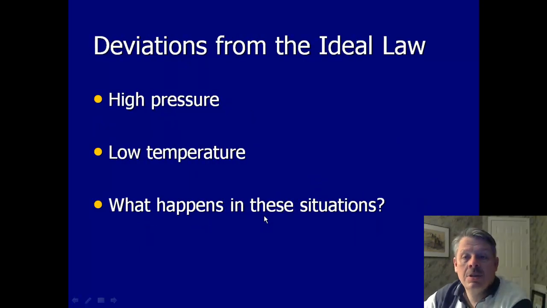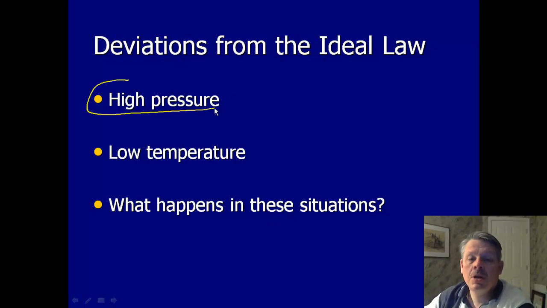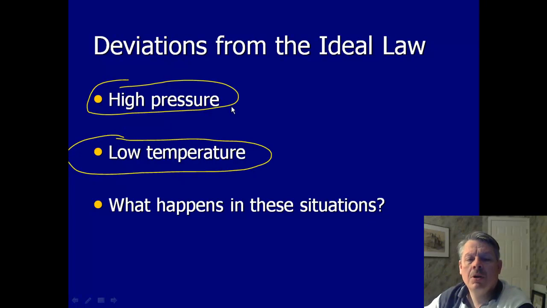So when does the ideal law not apply? Well, you have a couple of situations. You can be under high pressure, or you can be under low temperature. What happens in these situations? Let's say that you have a gas and you put it under really, really high pressure. Well, those molecules are getting closer together. So remember the concept that the molecules take up virtually no space?